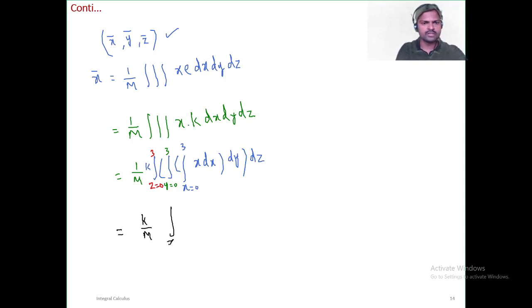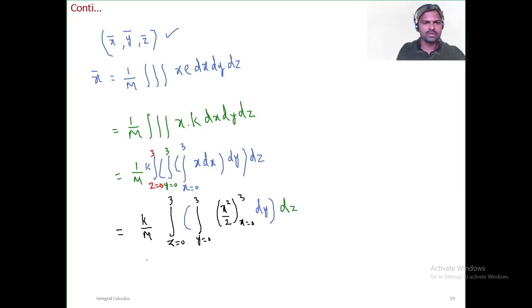Integration z is from 0 to 3, and integration y is from 0 to 3, and with respect to x we are supposed to evaluate first, so x square by 2, where x is running from 0 to 3. After this with respect to y, after this with respect to z.